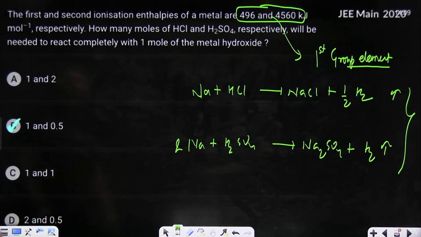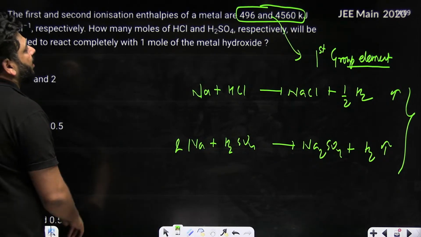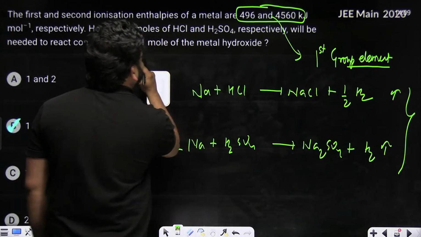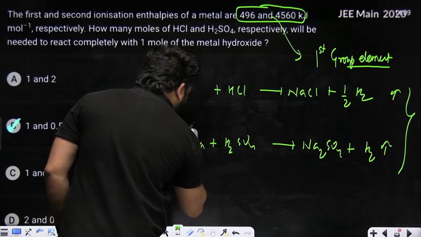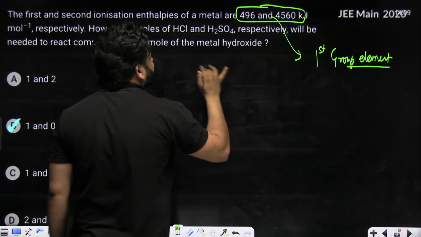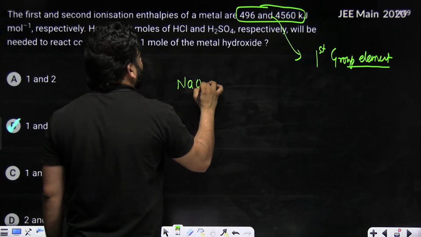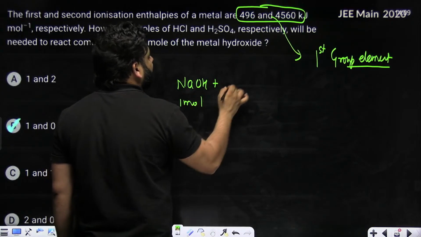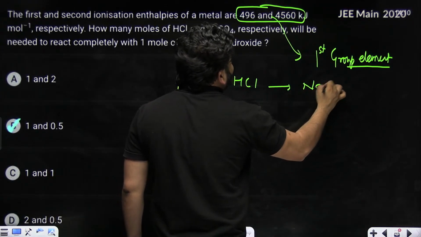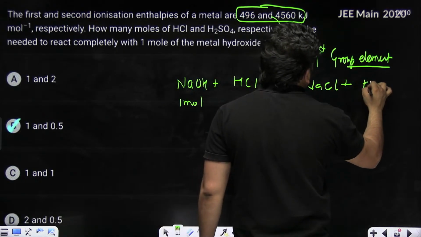So respectively needed to react completely with 1 mole of metal hydroxide. Oh man. This is a different reaction it is talking about. But anyways, the correct answer is this. This is asking that if it is NaOH and we take 1 mole, then how many moles of HCl will be taken? This will be taken as 1 mole. Acid-base reaction will take place. NaCl will be the salt formed along with water.